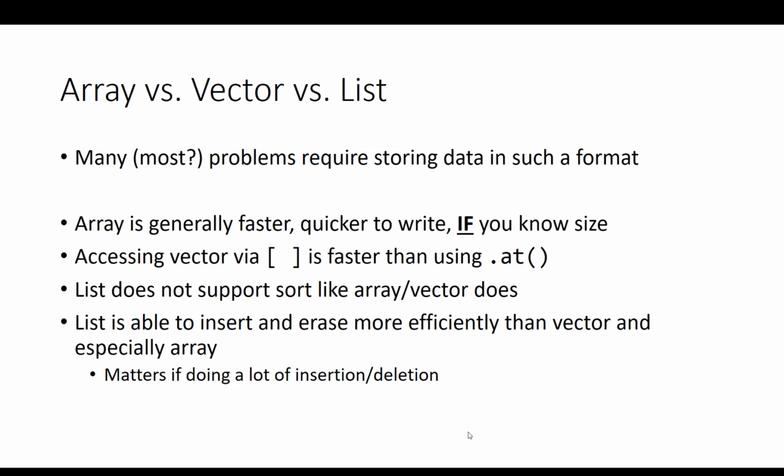One, if you use the square brackets to access an element, that is usually going to be faster than using the .at member function, because .at is going to do bounds checking to see if something is within bounds or not. The square brackets don't, and so that means the square brackets are less safe than .at would be, but as a result they're also faster.